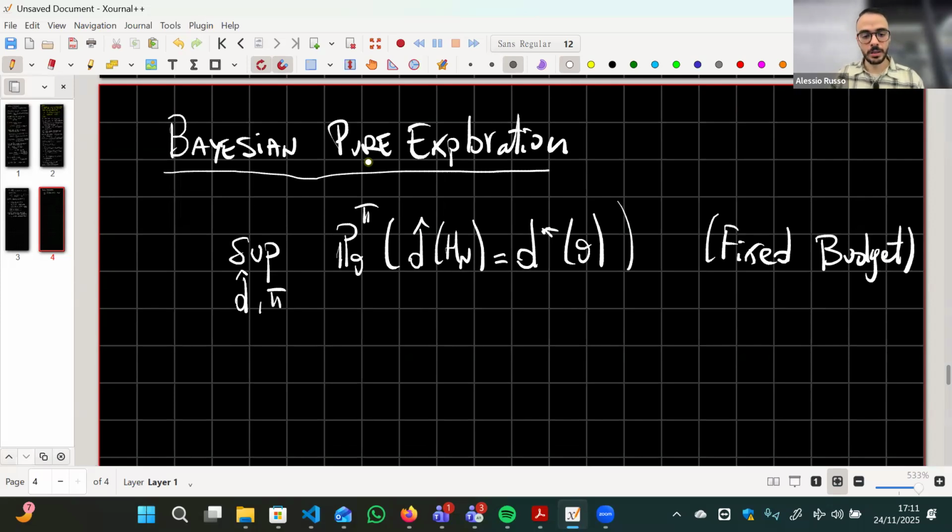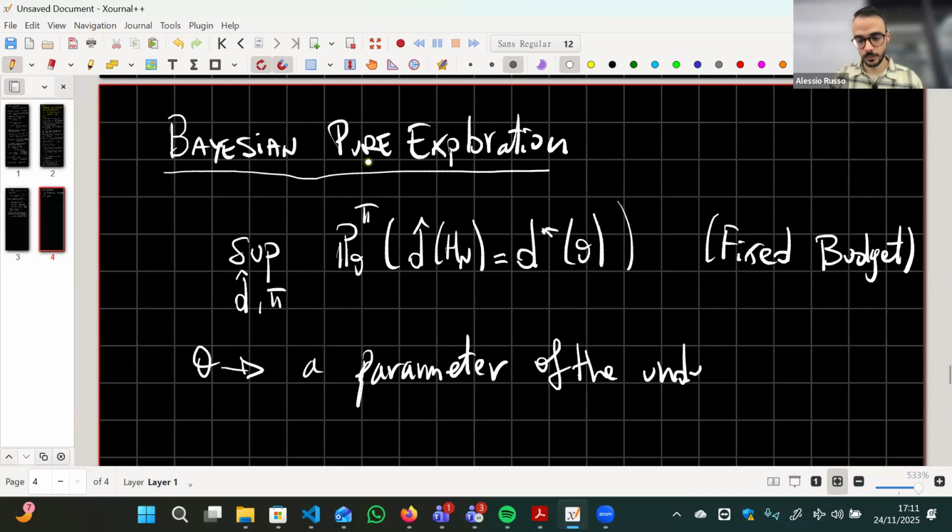So in the fixed budget, we have basically theta, which is a parameter of the underlying model. We have this theta star that represents the true hypothesis.